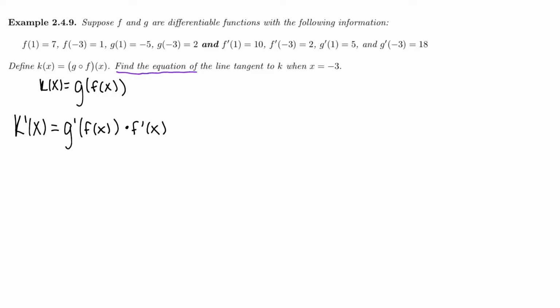We're looking for the equation of the line tangent to k when x equals -3. So again, for a line, we're going to need an x1, which they gave us, -3. We need a y1, and this we get from plugging the x value into the original function.